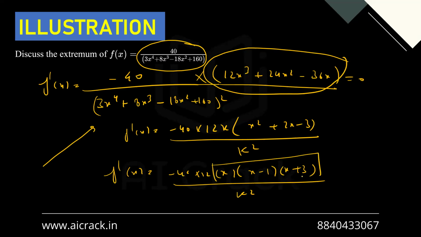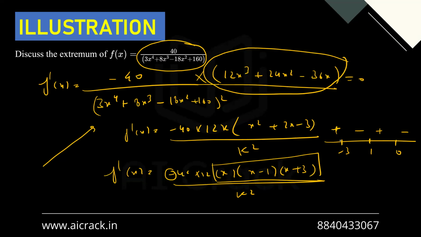Now this reminds me of the wavy curve method, right? This is 1, this is -3 and this is 0, but we have a minus sign over here, right? So we have to find out the signs of this particular f'(x). That's how we are going to define local maxima or local minima. So since we have a negative sign over here, it would start from minus, plus, minus, plus.